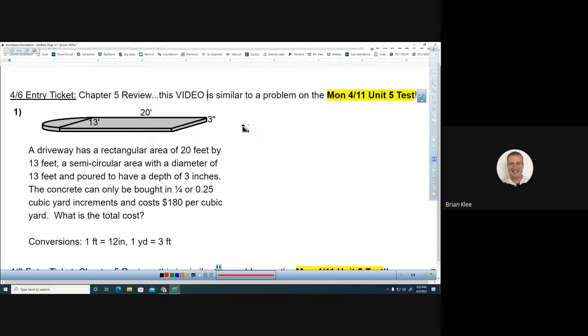First, the circle area. Circle area is pi r squared, and my r here, radius, is what the r stands for. It would be half of the diameter. It would be 6.5. Sorry that I'm not writing super neat there.